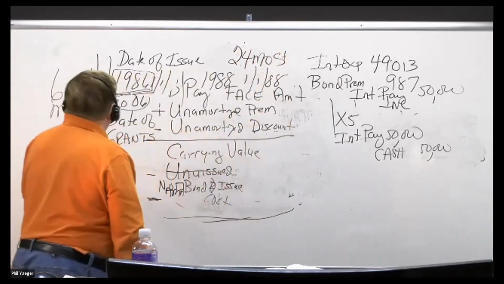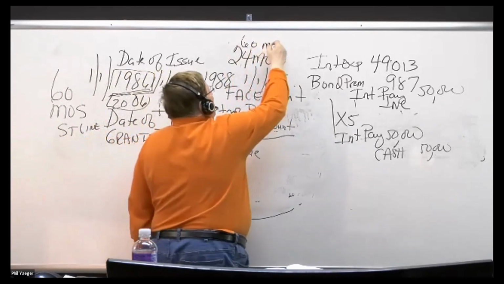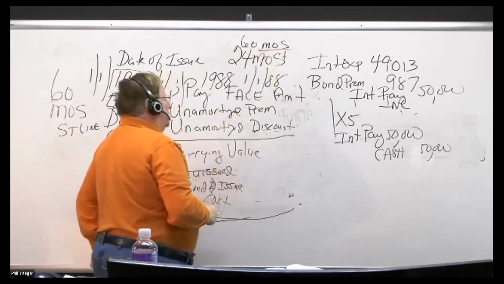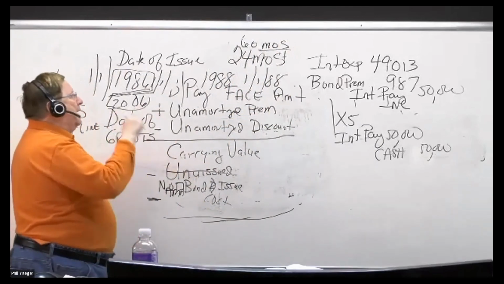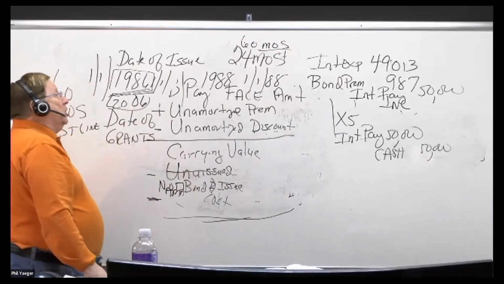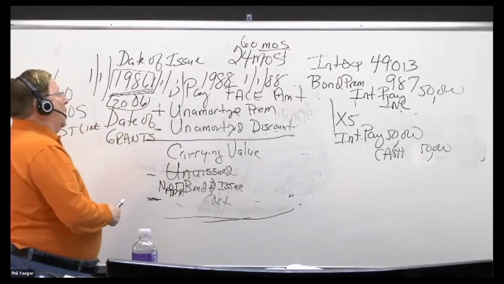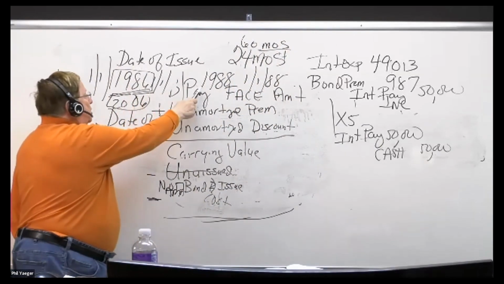Yes. But this bond will come due in 60 months, right? So what do you do as far as the amortization? If you don't sell the bonds on the date the bond contract is issued, then you have to subtract the months you did not own the bond, from the date on the bond contract to the date you actually bought them.